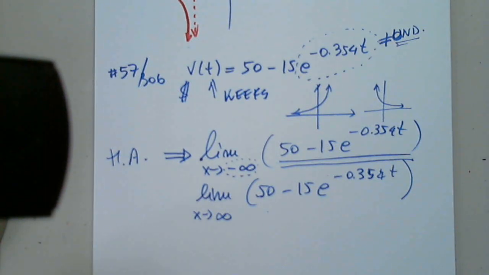So here it is. Go back, clear everything. Good. So we plug in 50 minus 15 e. The power is negative 0.354t, and close.